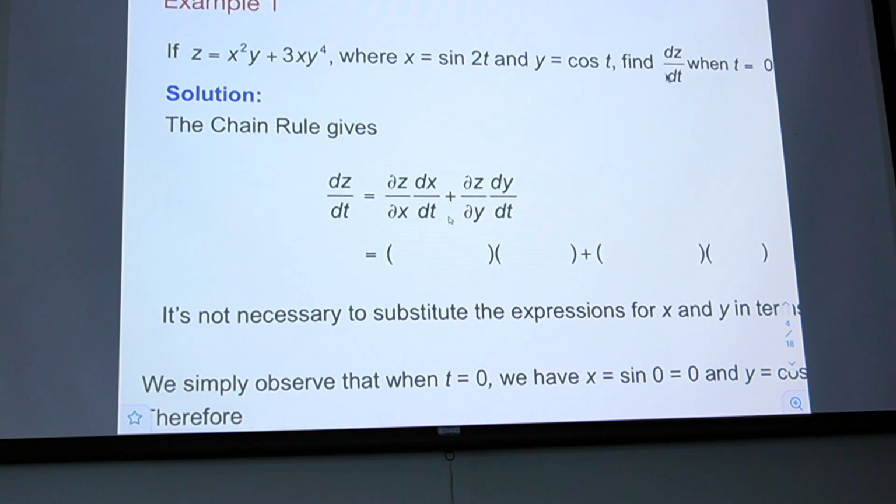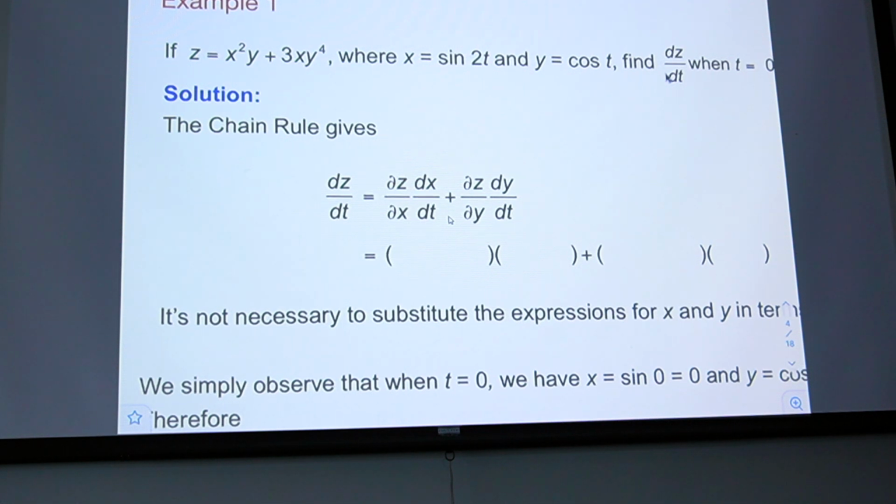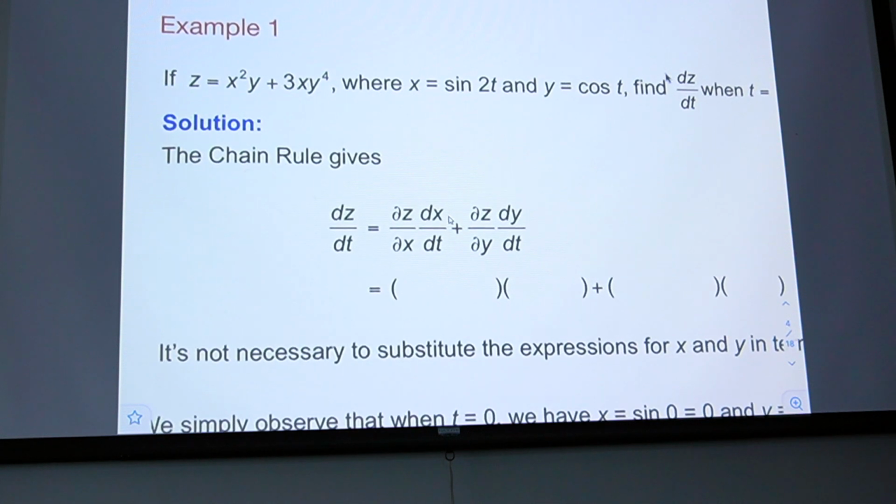Now let's apply this formula in this example. What is partial z, partial x? What are we doing? We are trying to find the partial derivative of this with respect to x. When we take a partial derivative, we hold the other variable constant, right?